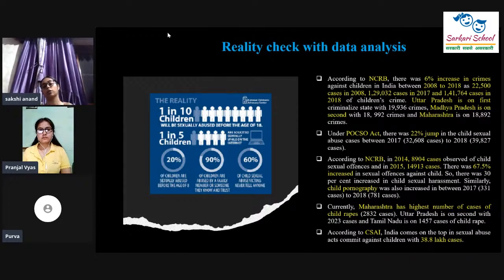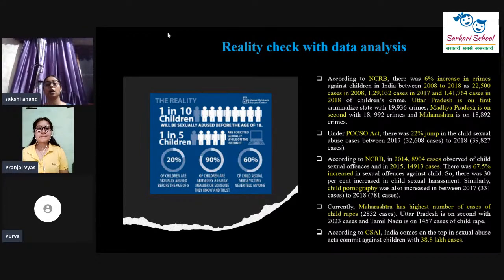And according to this, Uttar Pradesh is the first criminalized state, Madhya Pradesh second, and Maharashtra third, likewise. And if you talk about the POCSO Act, there is a 22% jump in child sexual abuse cases between 2017 and 2018.